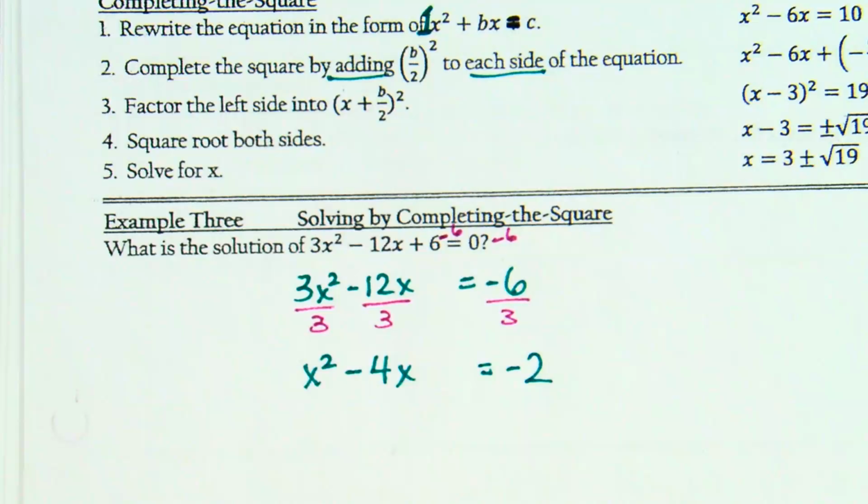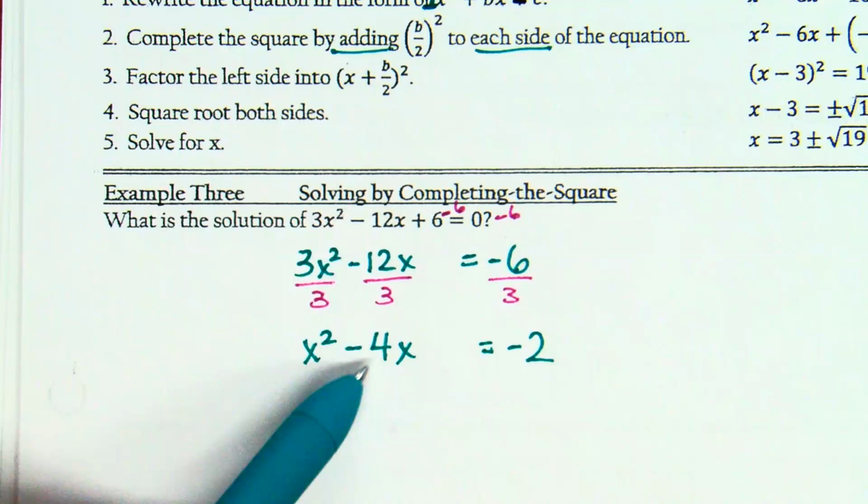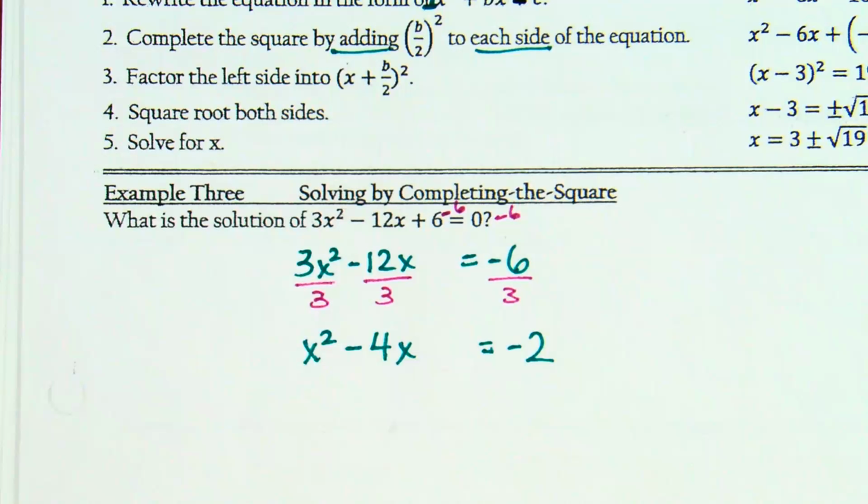I'm just hinting that I'm leaving a gap. Okay, now have I completed step 1? 1x squared plus bx equals c. That's what step 1 is. And we'll review this again tomorrow. But work to understand what I'm doing here.